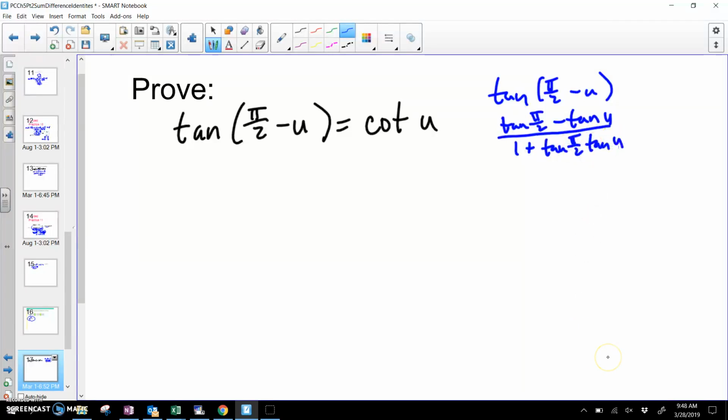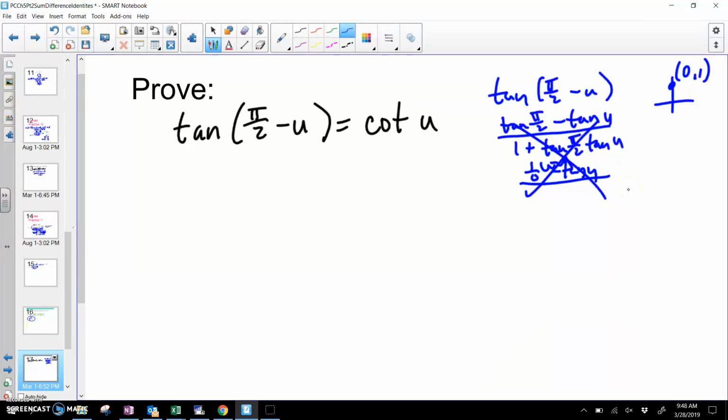Okay? Now, tangent of pi over 2, if you think about that on the unit circle, is 0, 1, but it's sine over cosine, which means that it's actually 1 over 0. Which means it's undefined.